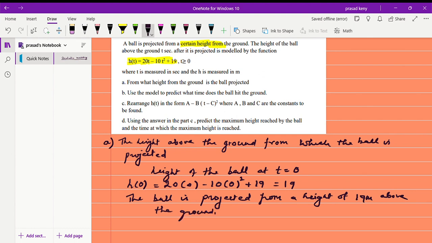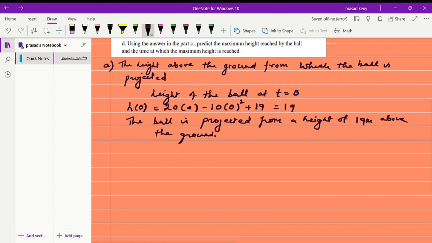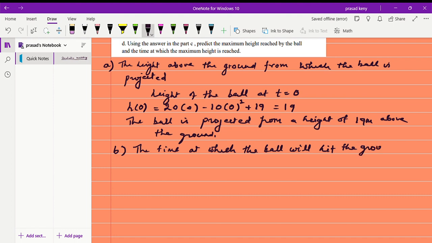Now come to part B. You have to predict the time at which the ball will hit the ground. Now, when the ball hits the ground, that means it is on the ground.